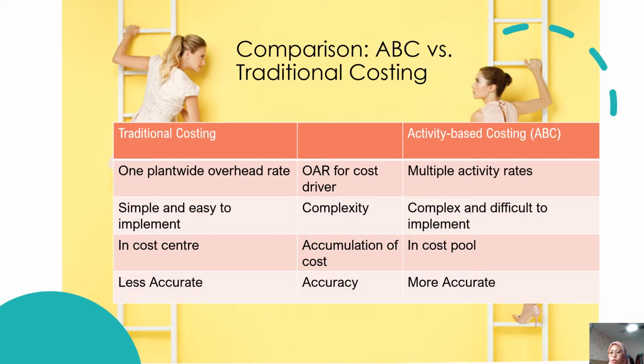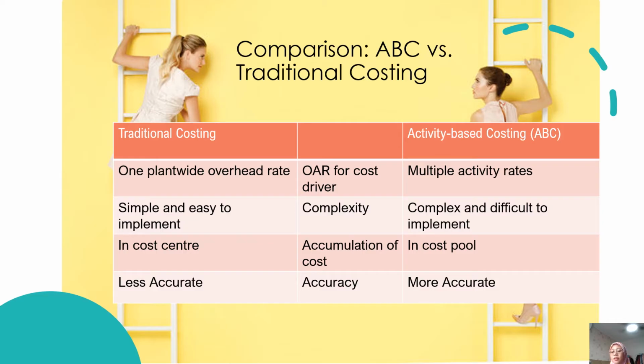First, you allocate to both production and service departments, and afterwards you reapportion the service departments to the production departments. So that is in terms of accumulation of costs.